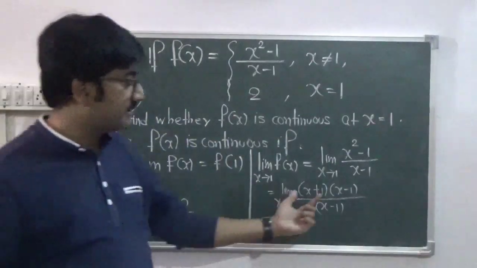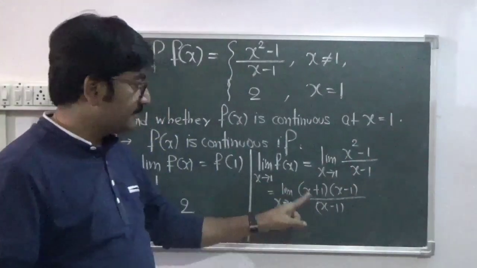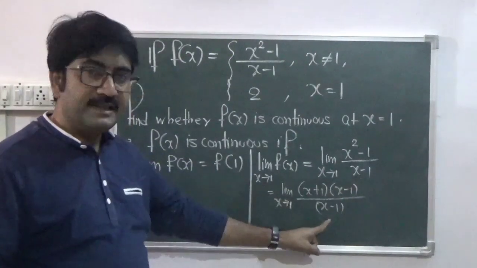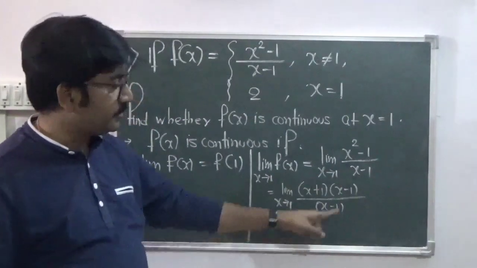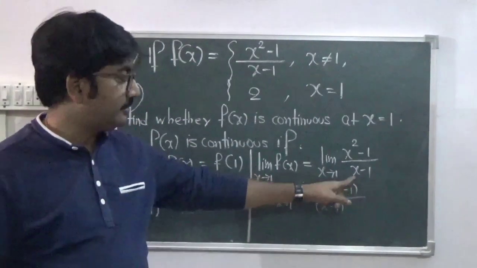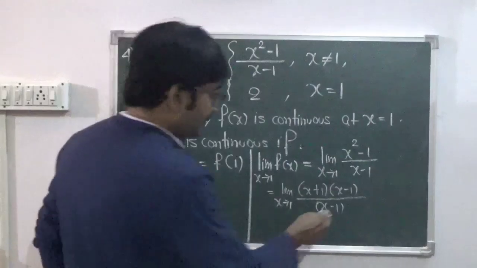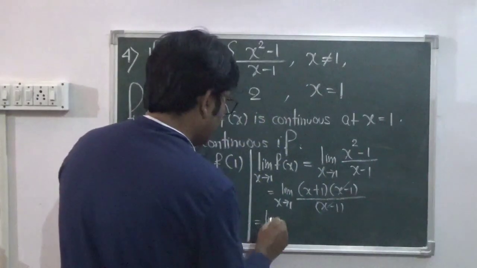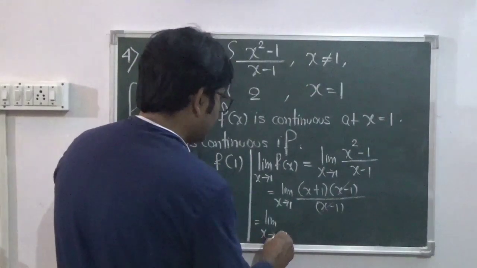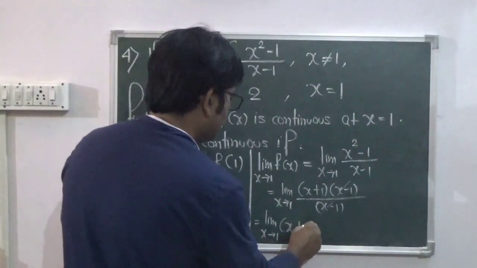So we factorize the numerator, we get (x plus 1) into (x minus 1) by (x minus 1). We have a common factor x minus 1 in both the numerator and the denominator, so we cancel these two. Finally limit x tends to 1 of x plus 1.